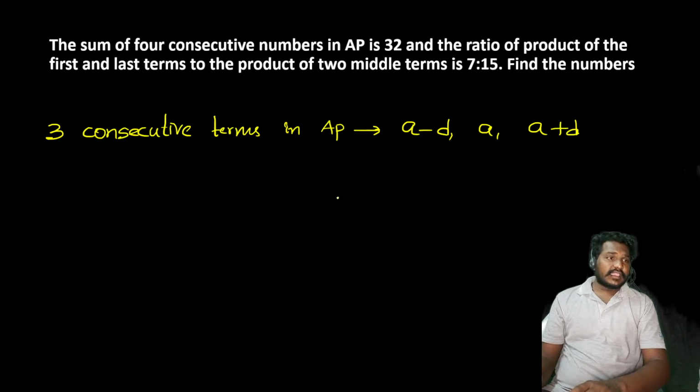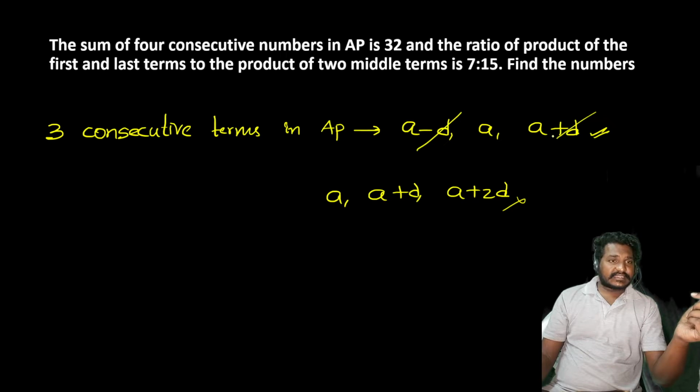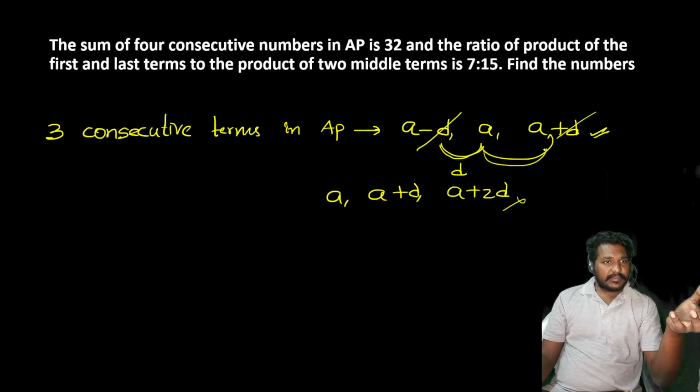Of course, a, a plus d, a plus 2d are also consecutive terms, but it is better to take the first assumption, because in the very first step, after summing the numbers, minus d and plus d cancel, so the problem involves only a, and we can directly find a. They are consecutive, because the gap between a minus d and a is d, and between a and a plus d is also d.